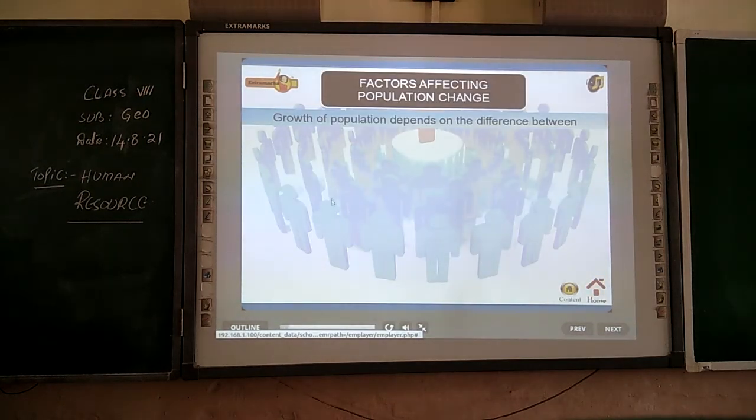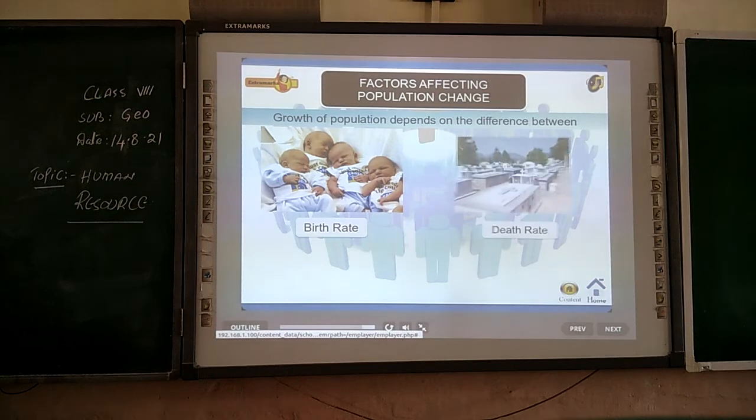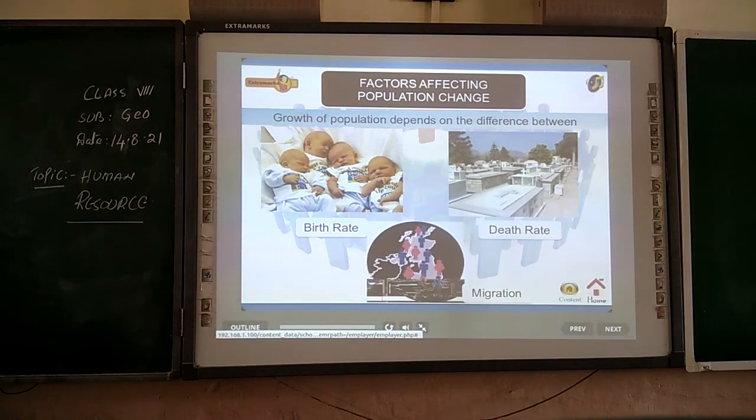Let us have a look at the factors affecting population change. Growth of population depends on three important factors: one is birth rate, number two is death rate, and then migration.